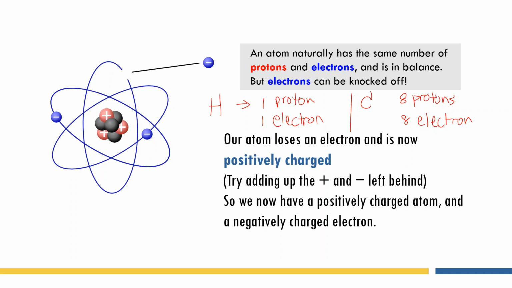What happens is that if the atom gets energy, an electron can be knocked off. When it gets knocked off, you have more protons than electrons, and the atom now has a positive charge.